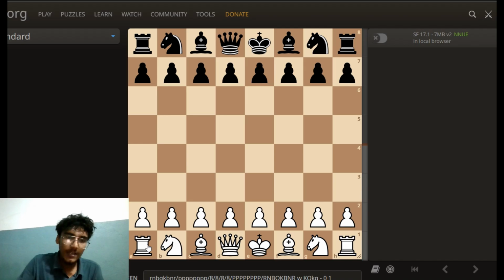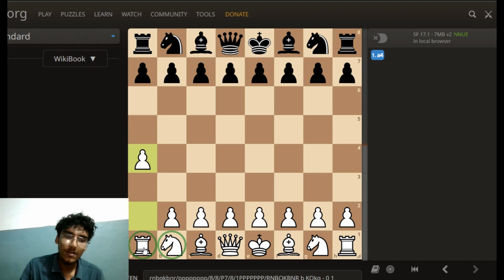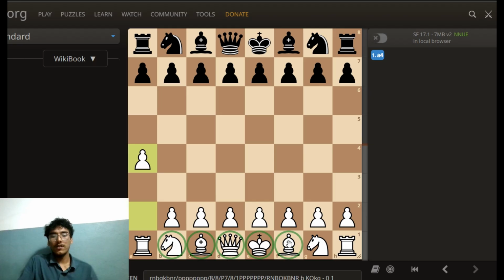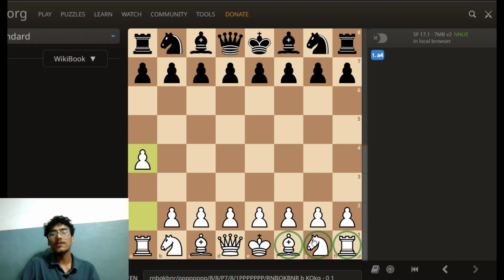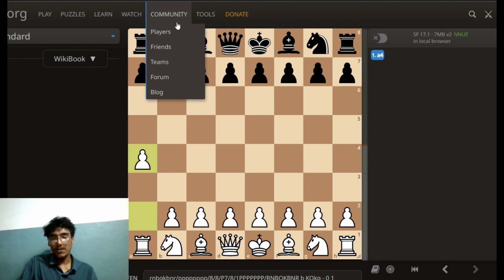We have different kinds of pieces: this is called a pawn, this is a rook, this is a knight, and this is a bishop, this is a queen, and a king. There are two bishops, two knights, two rooks, one king and one queen on both sides.